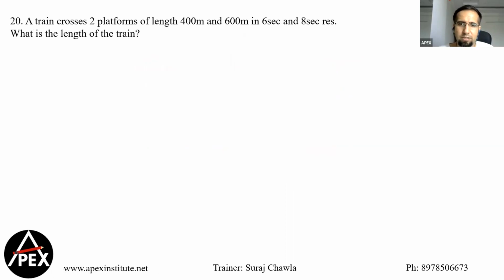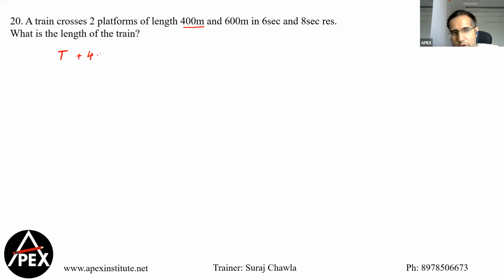Let's look at this question, please. Let's do it together. Now, what does the question talk about? The question says a train crosses two platforms. Let me say the length of the train is equal to T. So the train is crossing the first platform of length 400.